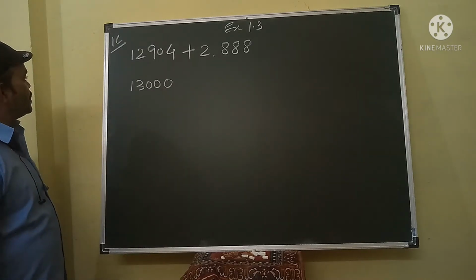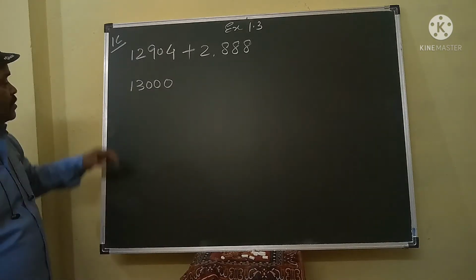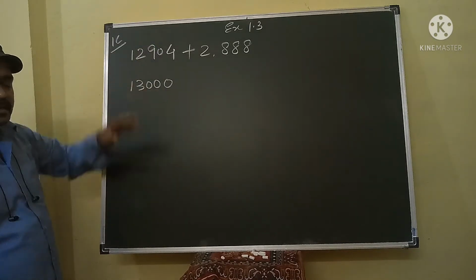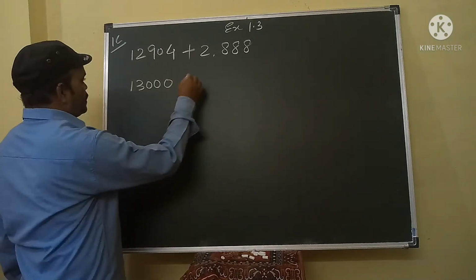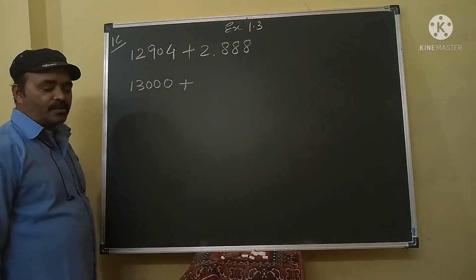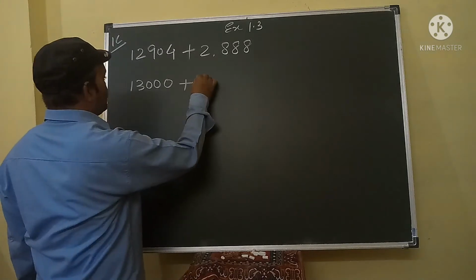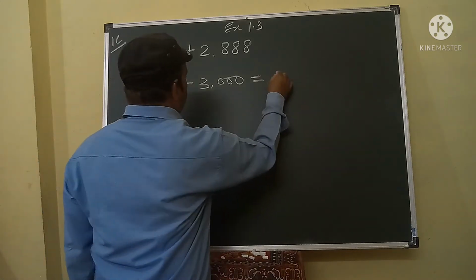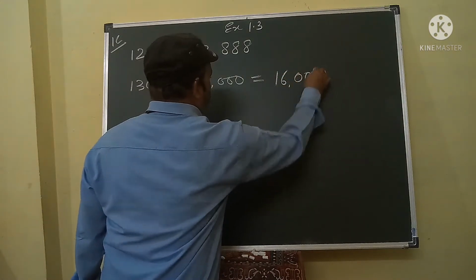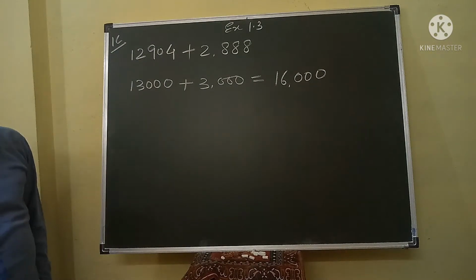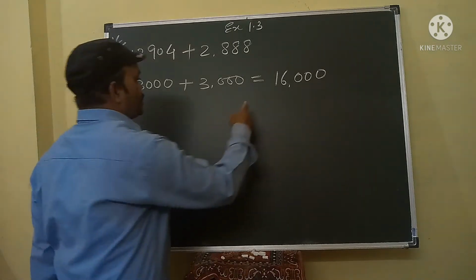In other words, rounding of 12,904 is 13,000, and rounding of 2,888 will be 3,000. So after adding, you will get 16,000, which is your required answer.